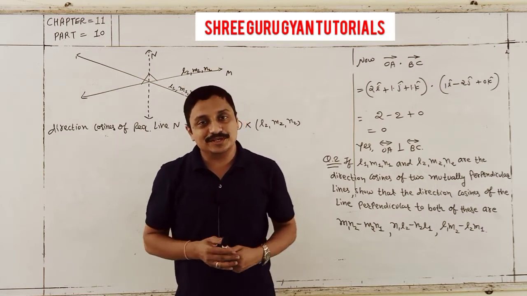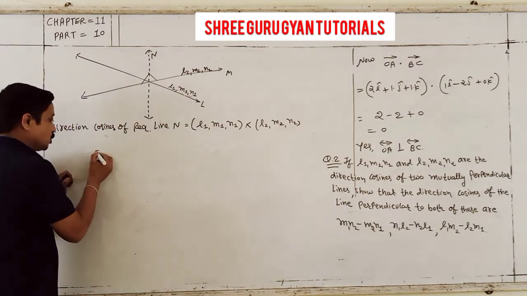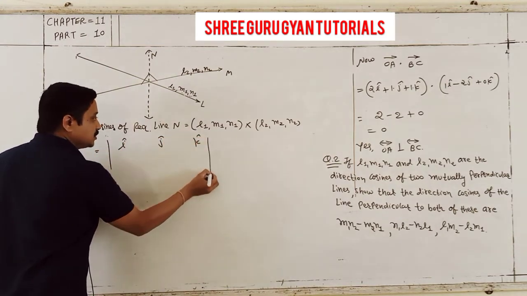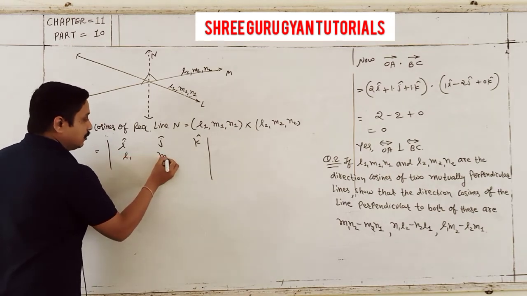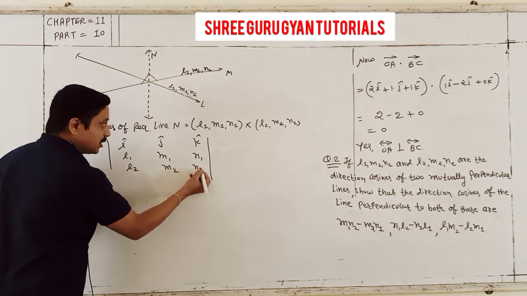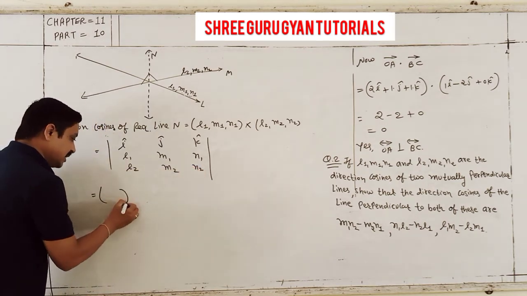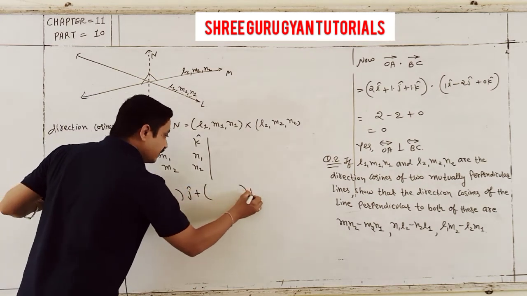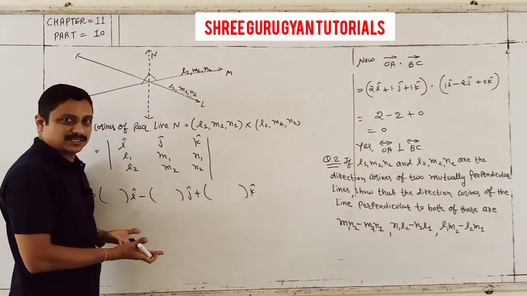It is the cross product, and I will show that cross product by i, j, k using determinants: L1, M1, N1 and L2, M2, N2. Apply on it plus of i, minus of j and plus of k, and simply take the calculations.